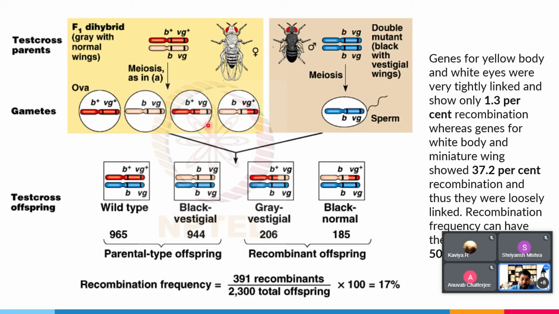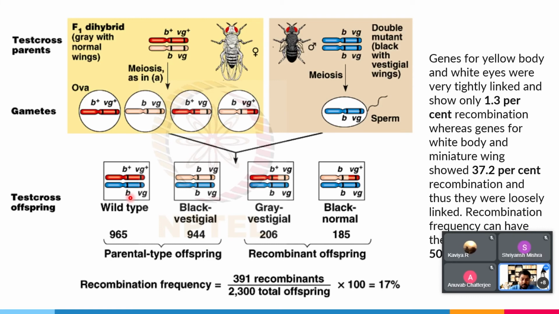But we also have recombinant gametes, in which one gene is recessive and the other gene is dominant. We are mating it to a fly which is a double mutant, that is, in both the chromosomes all its alleles are recessive. When we cross these, we have these numbers of test crossed offspring.